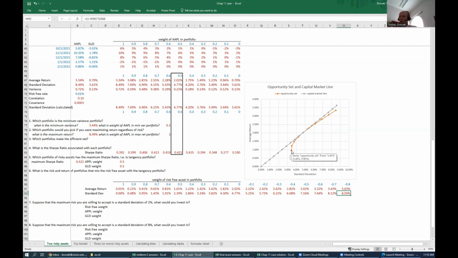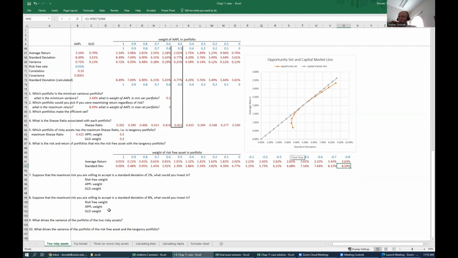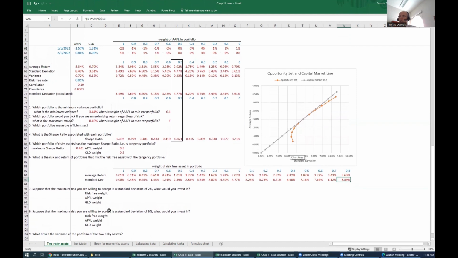So let's do some examples. For example, suppose that the maximum risk you're willing to accept is a standard deviation of 2%. What would you invest in? Well, the maximum standard deviation is 2%. So where does that take me?